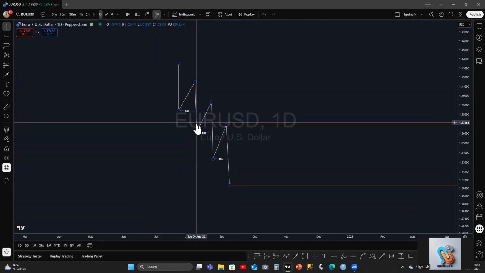Anytime it breaks structure to the downside, that means sell side liquidity has been taken. The next thing you will see, price will pull back, creating a resistance. Once a resistance is created, people are following this trend that is going up, and their stop losses and entries are here.